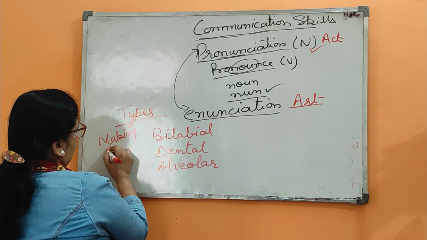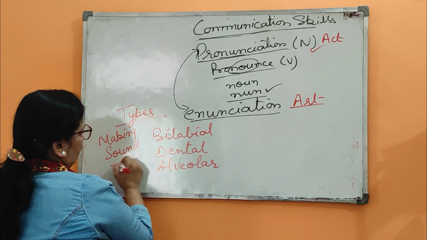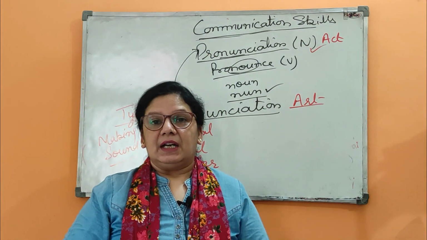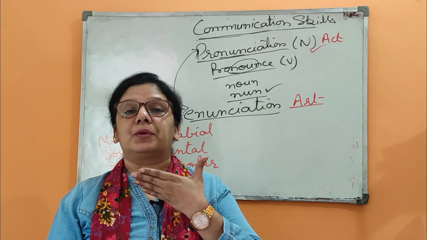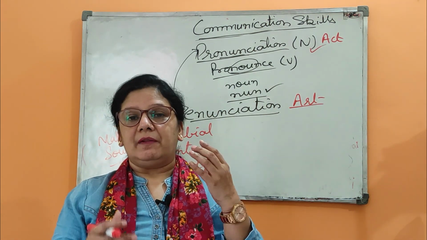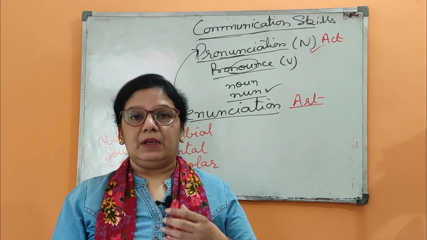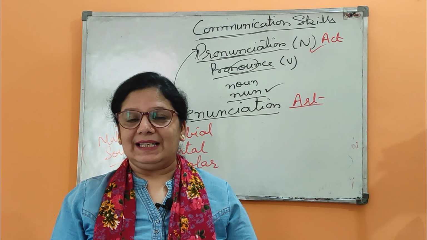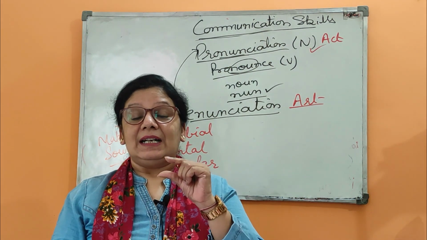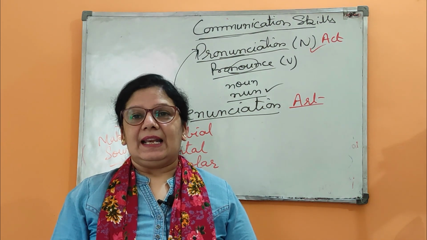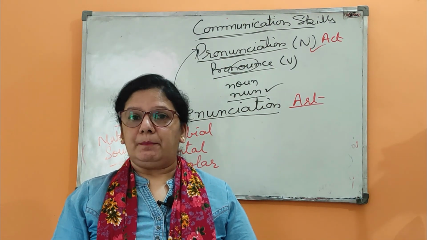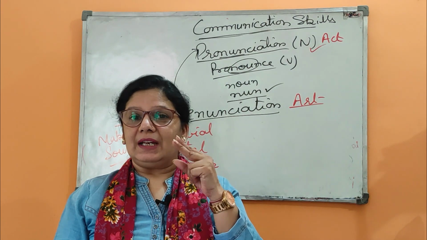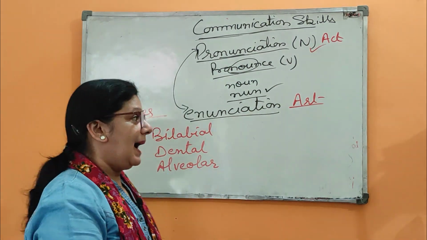When we pronounce anything we use our body parts, right from our lungs to our throat to our vocal cord. We use our mouth, our tongue, our teeth, our lips while uttering those letters. Like if I say P, both my lips are touching, it is bilabial.